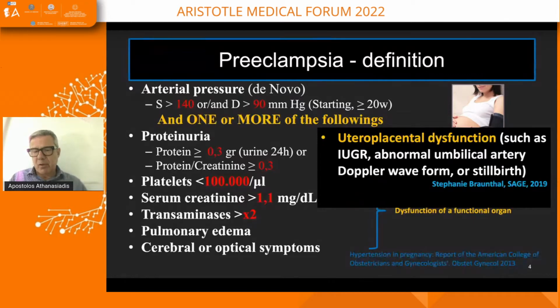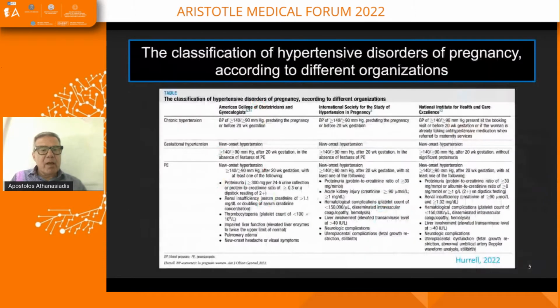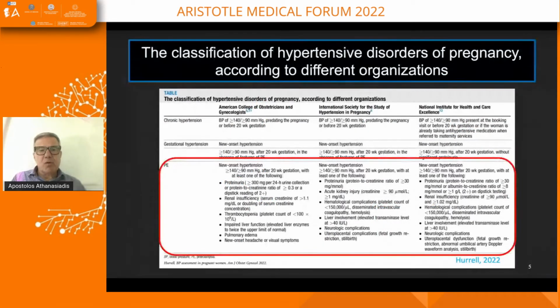That means intrauterine growth retardation, including the Doppler waveforms. And this is exactly the same in the definition of the different associations, such as the American College of Obstetrics and Gynecology, the International Society of Pregnancy, the Canadian one, etc.